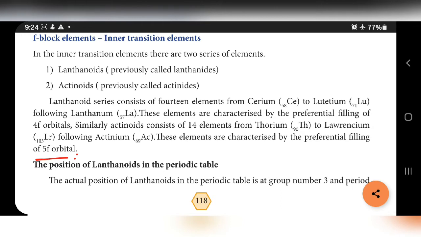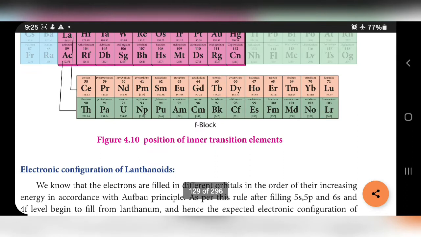So, this is the lanthanoid series and this is the actinoid series. Both series contain 14 elements.